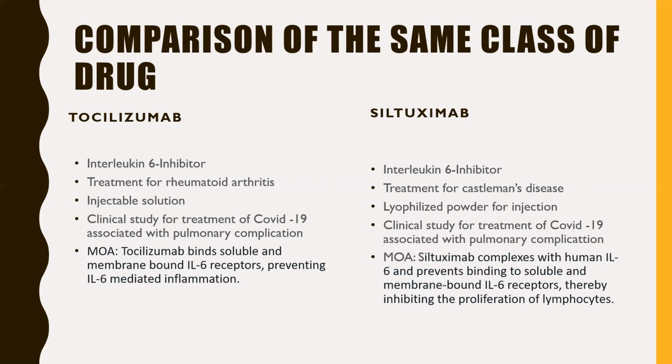Currently, there are no specific drugs for COVID-19 and the cytokine storm it causes. Interleukin-6 is one of the key cytokines involved in infection-induced cytokine storm. So tocilizumab and siltuximab, which are interleukin-6 receptor antagonists, have been approved by the US FDA for the treatment of cytokine release syndrome or CRS, expected to treat cytokine storm caused by COVID-19 and now in clinical trials. It is in phase 3 clinical trial.